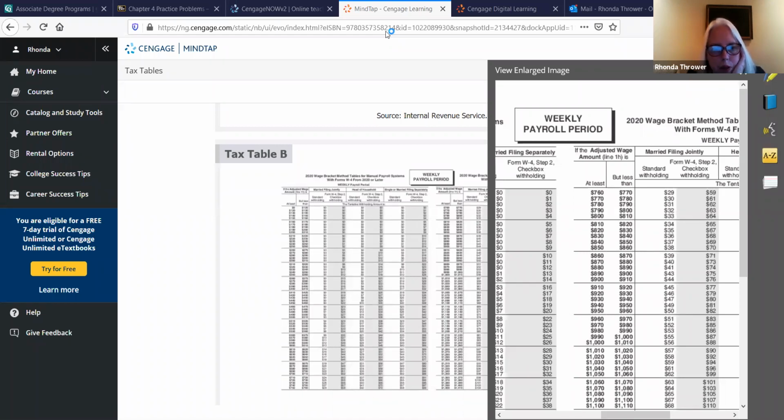So that's how I got that $49 there. You have to look up on your table the $940.96 to see where it is found. And this is on the weekly table, and this person was married filing jointly.